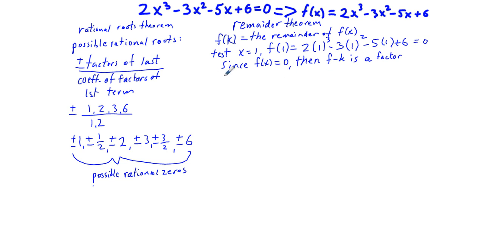So therefore, x minus 1 is a factor, in this case a linear factor, of this cubic expression, 2x cubed minus 3x squared minus 5x plus 6.